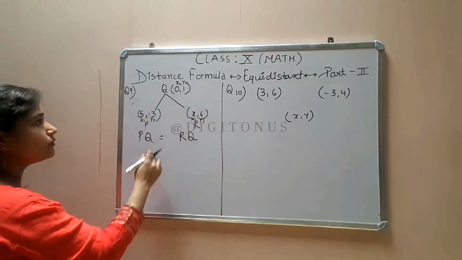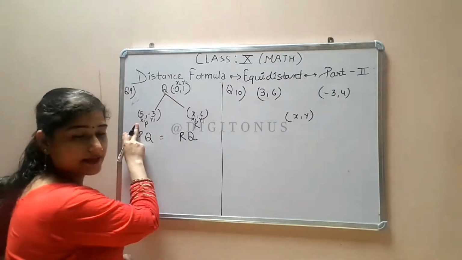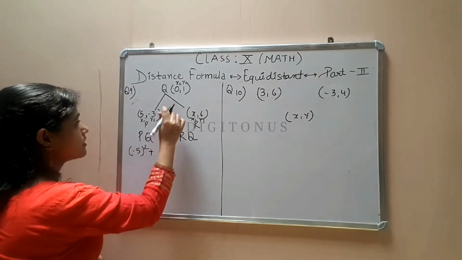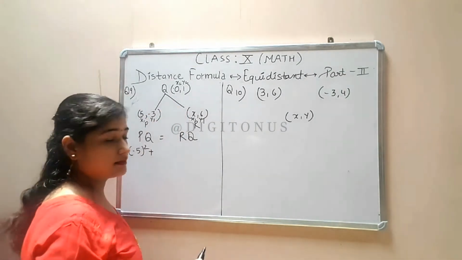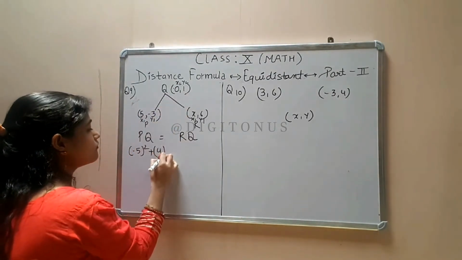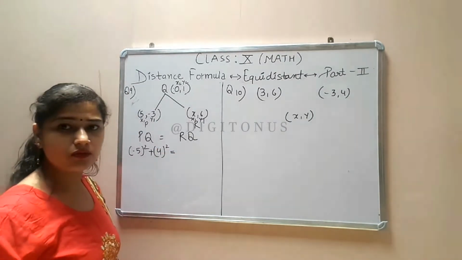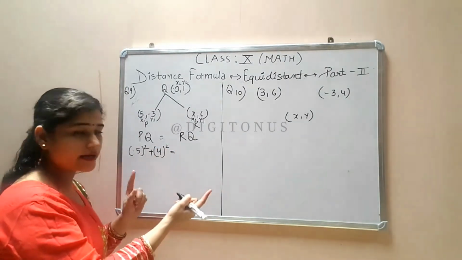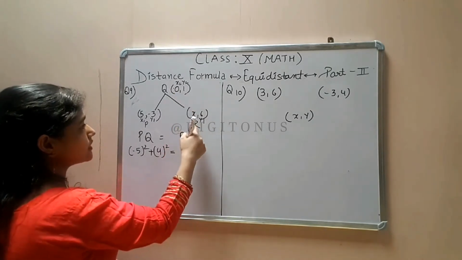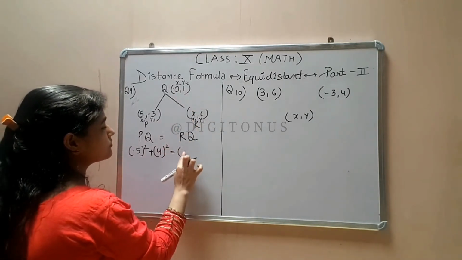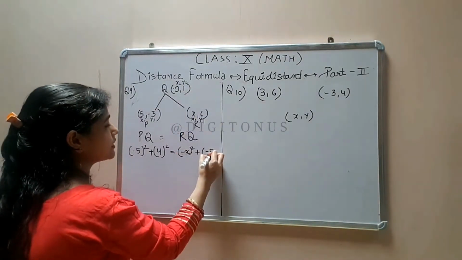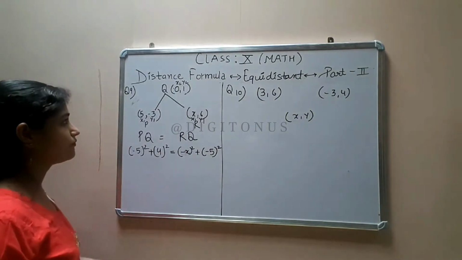So first in PQ, x2 minus x1, 0 minus 5 whole square, plus y2 minus y1, so 1 minus 3 means 4 square. Under root, no need to apply because it will be cancelled, both sides are there. Now here also in RQ, x2 minus x1, 0 minus x will be minus x square, plus 1 minus 6 will be minus 5 square.